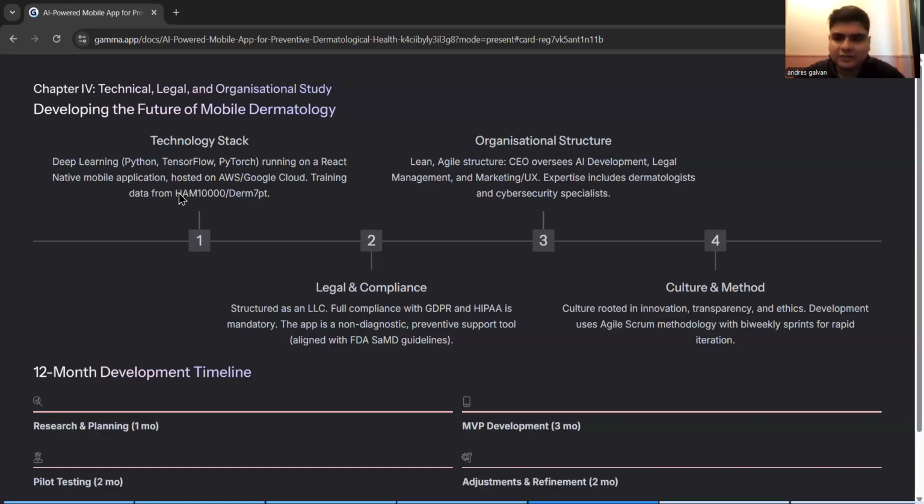The dataset is one that I made from Scopus. The training also relies on dermatological images.